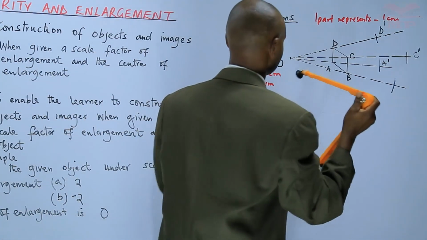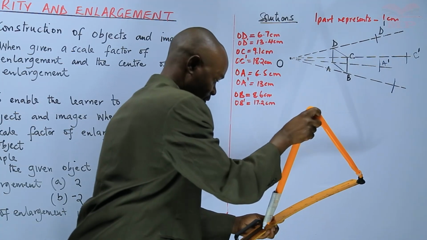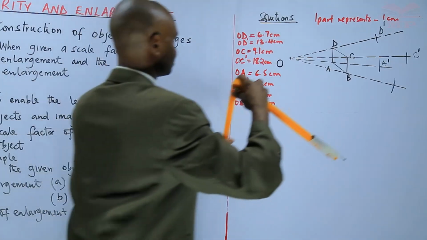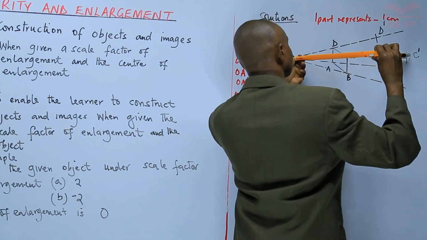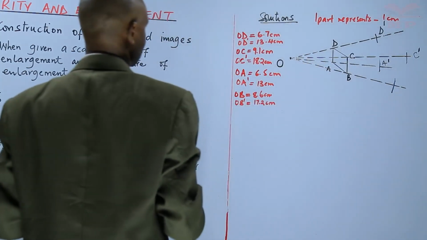OC was 18.2. Check. It is correct. So this will be B prime.